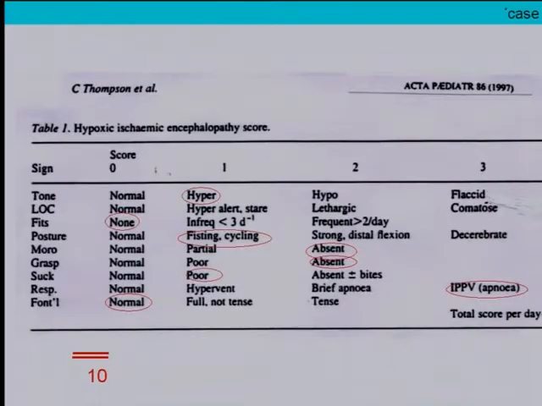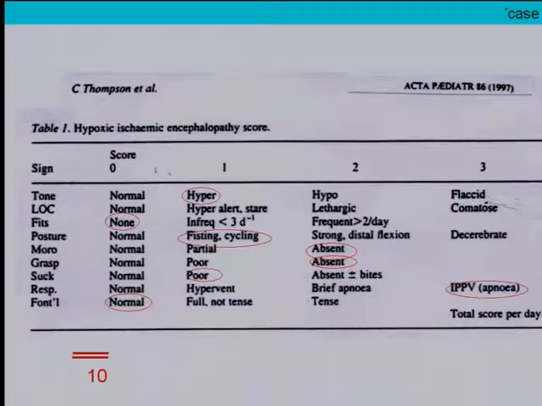The Thompson score of this baby shows that the tone was hypertonic. There were no seizures. You can see the doctor did not indicate the level of consciousness. He inferred it obviously then. The baby had the typical fisting and cycling. The motor reflex was absent.